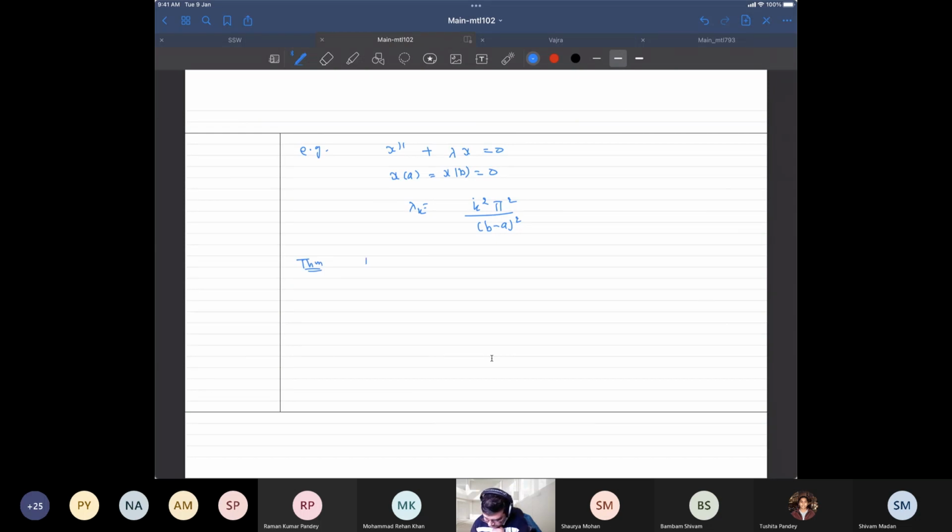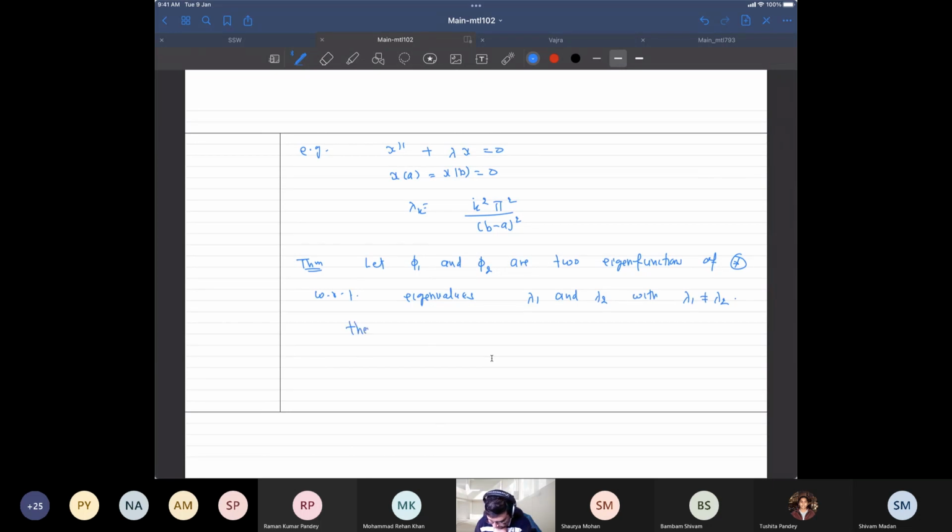Let phi1 and phi2 be two eigenfunctions of star with respect to eigenvalues lambda 1 and lambda 2, with lambda 1 not equal to lambda 2.